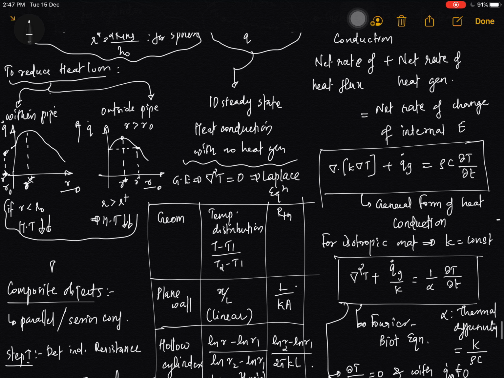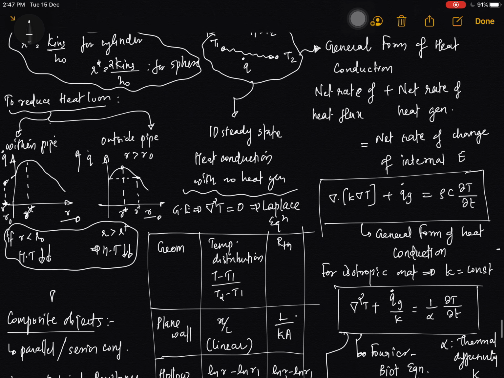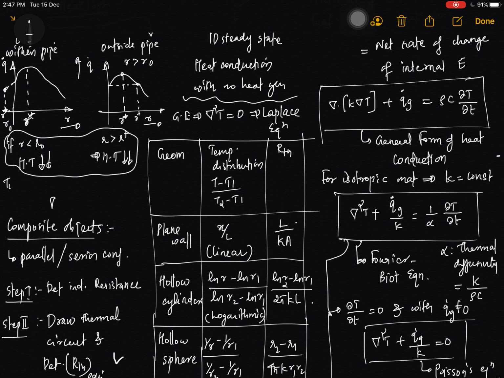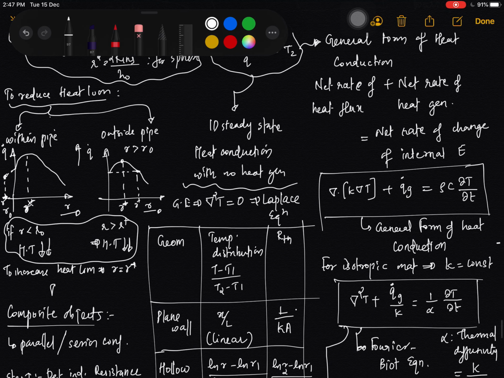Then only will the heat transfer reduce. If we want to increase the heat loss, keep R equal to R star.